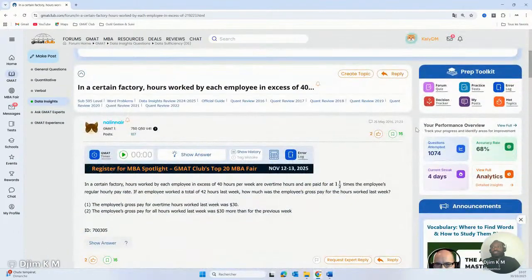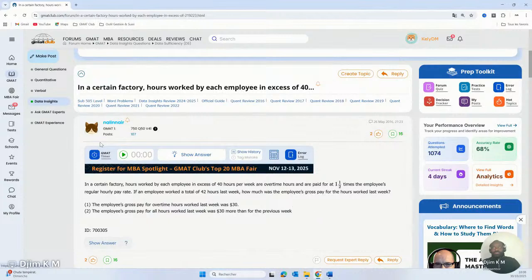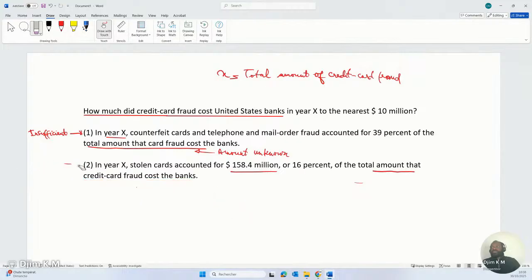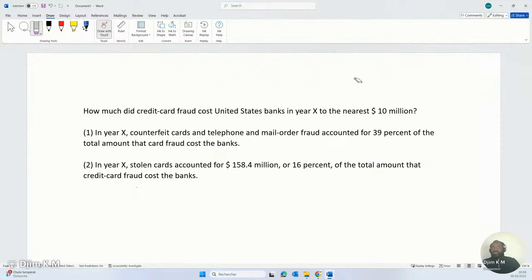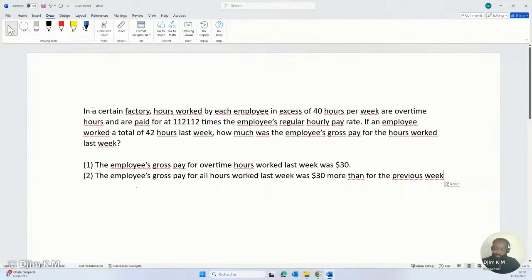Next question will be this one. In a certain factory, hours worked by each employee in excess of 40 hours per week are overtime hours and are paid.